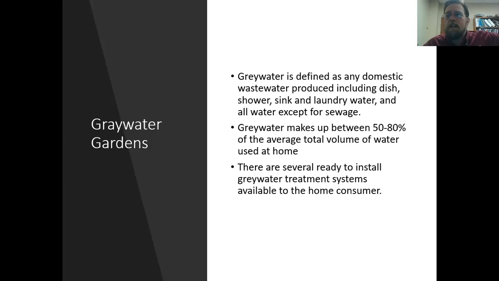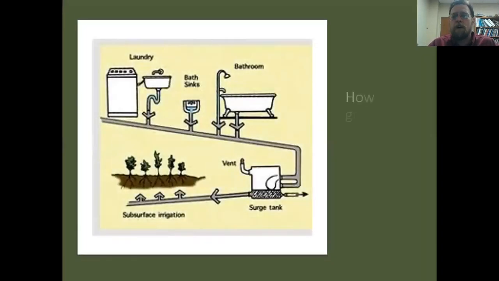But gray water, in a lot of cases, is perfectly fine to be used out in the landscape, and makes up anywhere between half and 80% of the average volume that we use. So that's all of our dishwater, our shower water, our sink and our laundry water. And there are systems that take this gray water and essentially will collect it and send it out as an irrigation system.